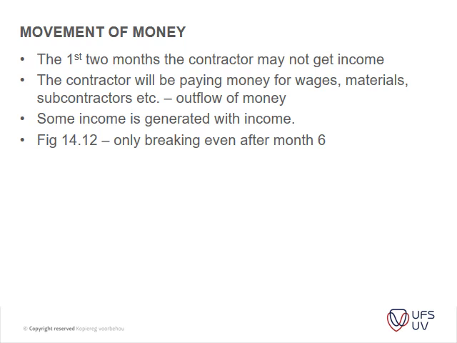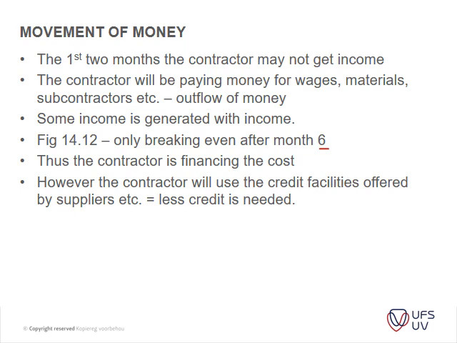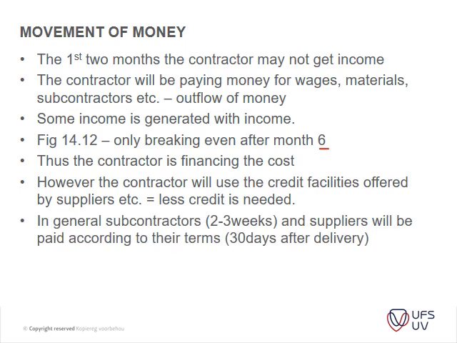You will see that you only break even after 6 months in the project, where your project actually gets into positive cash flow. Thus, the contractor is financing the project, and the contractor will use the credit facility offered by suppliers to lessen the impact of this deficit. In general, subcontractors you pay within 2 to 3 weeks, and suppliers will be paid according to their terms, 30 days after delivery or so.